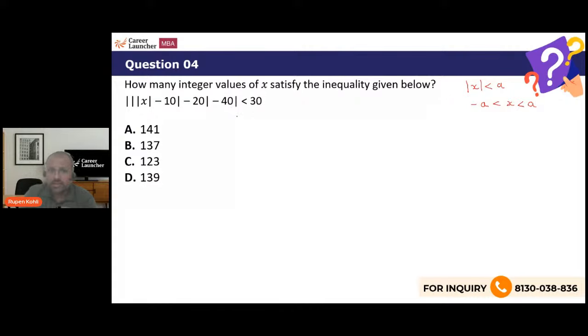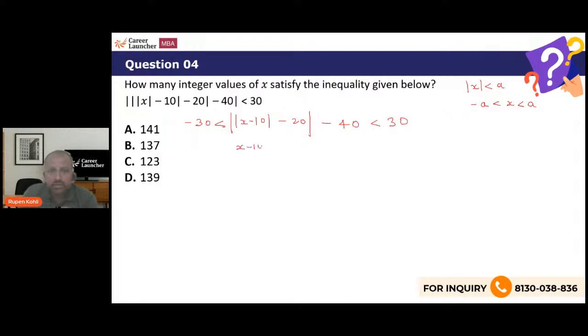So let's start writing that. I think we have to break down the modulus terms one by one. Mod x minus 10, minus 20, the mod of that, and then further minus 40. This whole expression inside the modulus is in the range of minus 30 to plus 30. Now we can take this 40 to both sides. Basically, I'm dealing with a double-sided inequality, so on both sides I'm adding 40 in the next step.